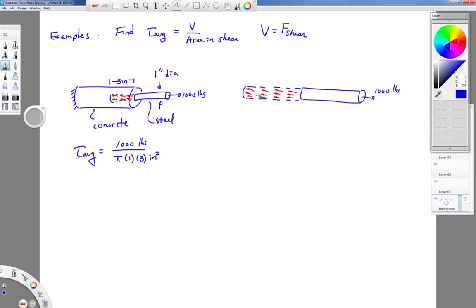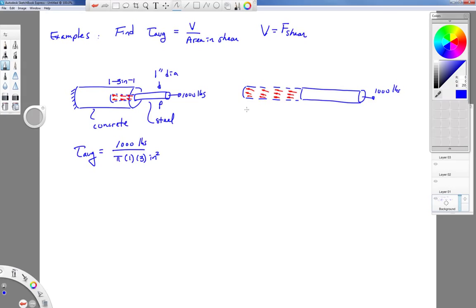Now, we did talk about resultant forces, and you can get resultant forces from shearing stress distributions as well. If the outside area is area A, and we knew what the value of the average shearing stress was, then the force would be the average shearing stress times this area A. But even if this is a non-uniform stress distribution, I can figure out what the resultant force is by doing an integral.